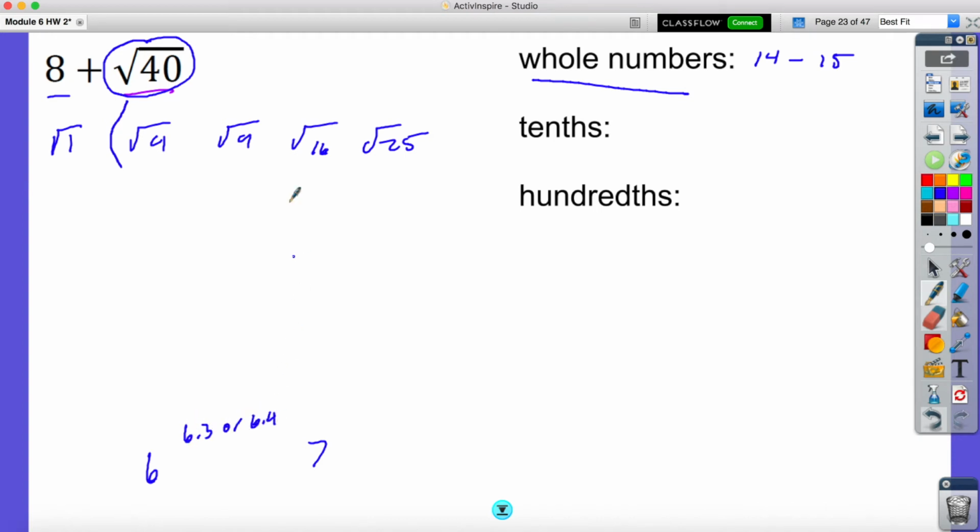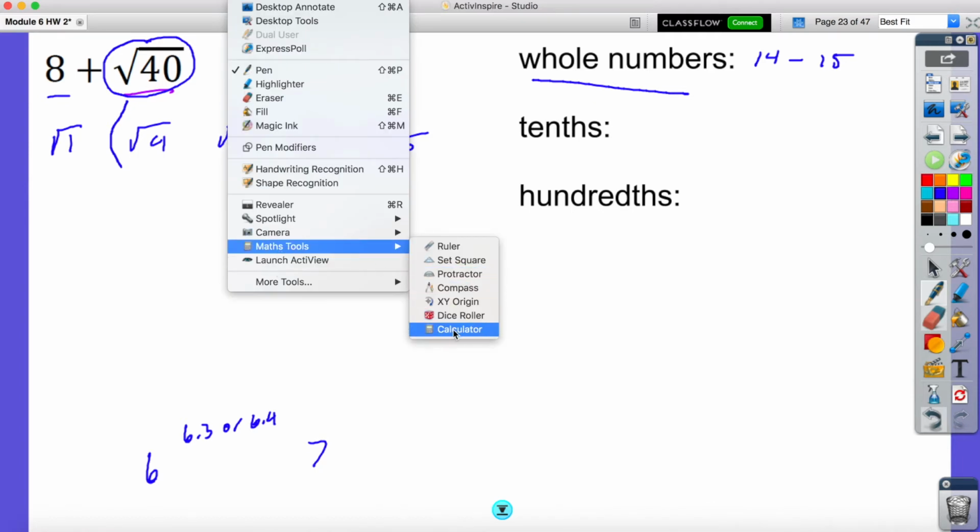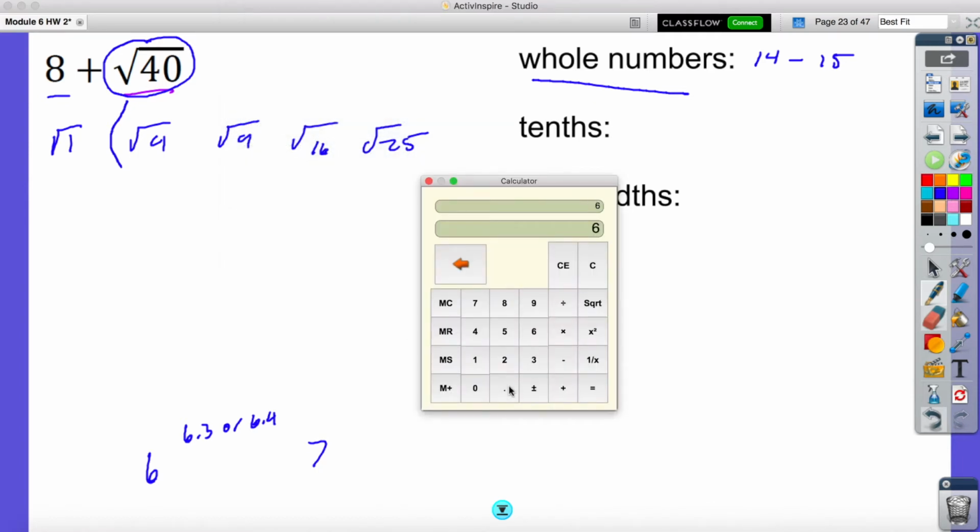So we are going to take a calculator out. If I do 6.3 times 6.3, that's going to be 39.69. Then if I do 6.4 to the second power, that is 40.96.